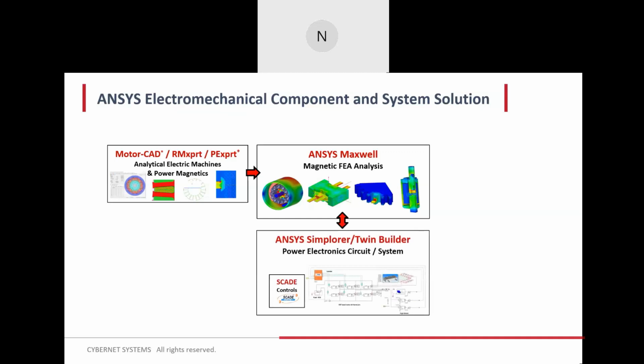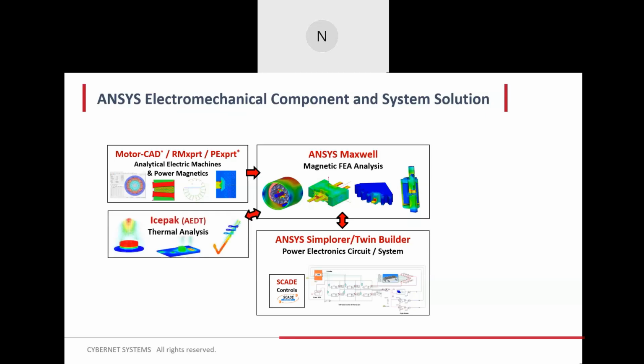And when you finish that, we put in Ansys Simplorer or Twin Builder to do the power electronic circuit system simulations, and that is a system level simulation on this platform.